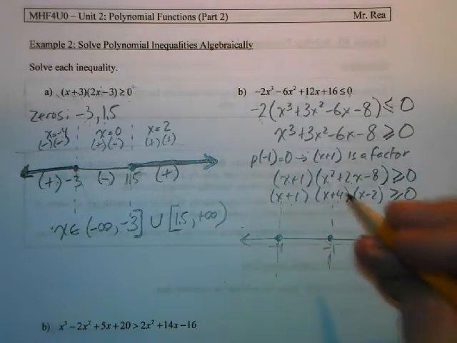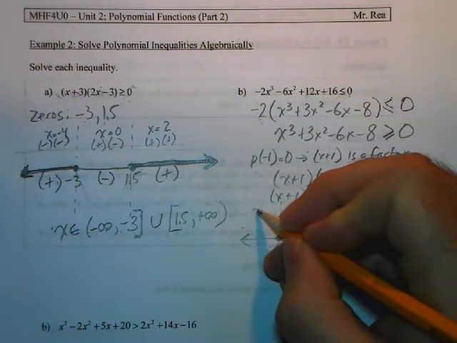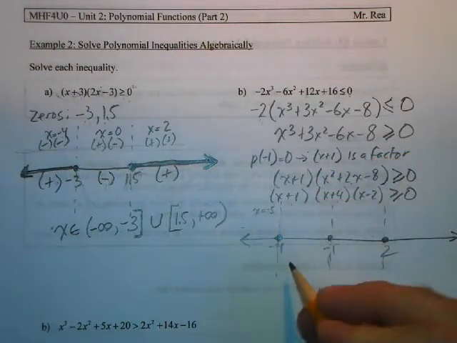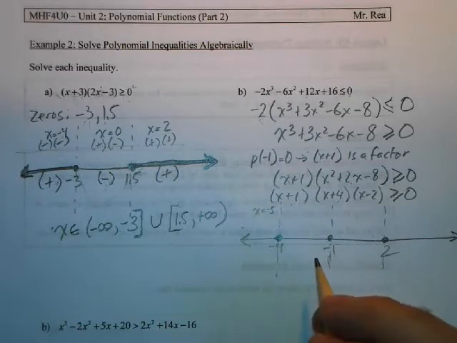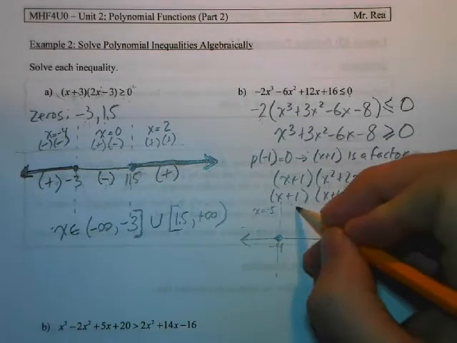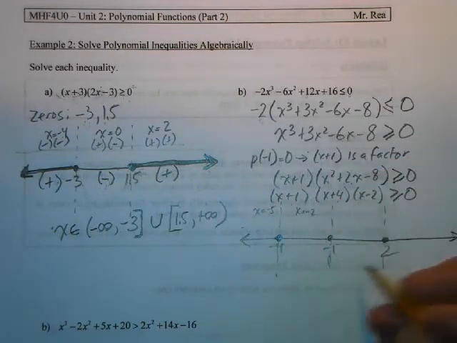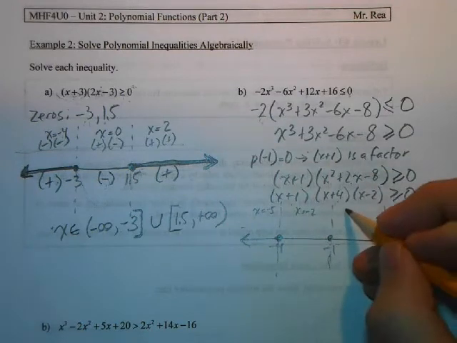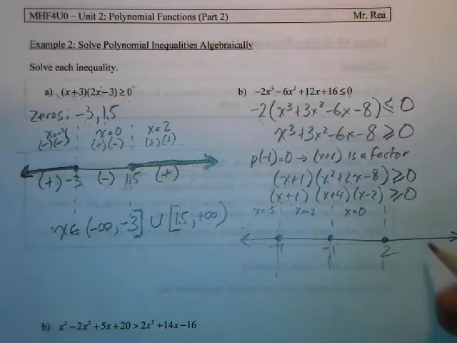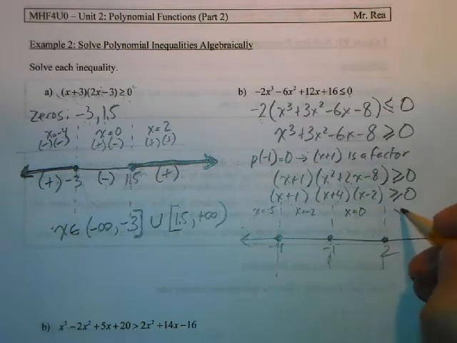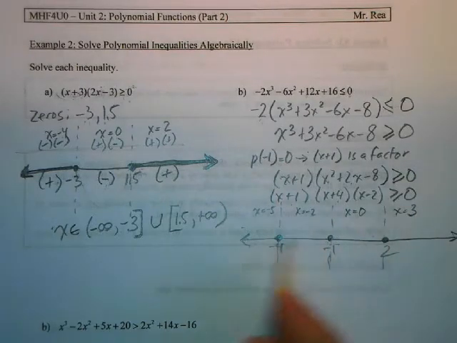Something less than -4, I'm going to pick -5. Between -4 and -1, I'm going to pick -2. Between -1 and 2, always pick 0. And greater than 2, I'm going to pick 3. So those are my 4 intervals.